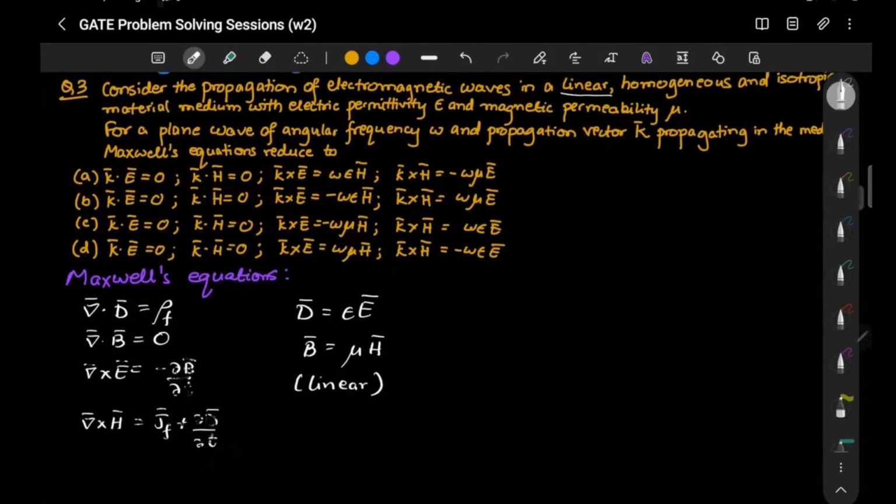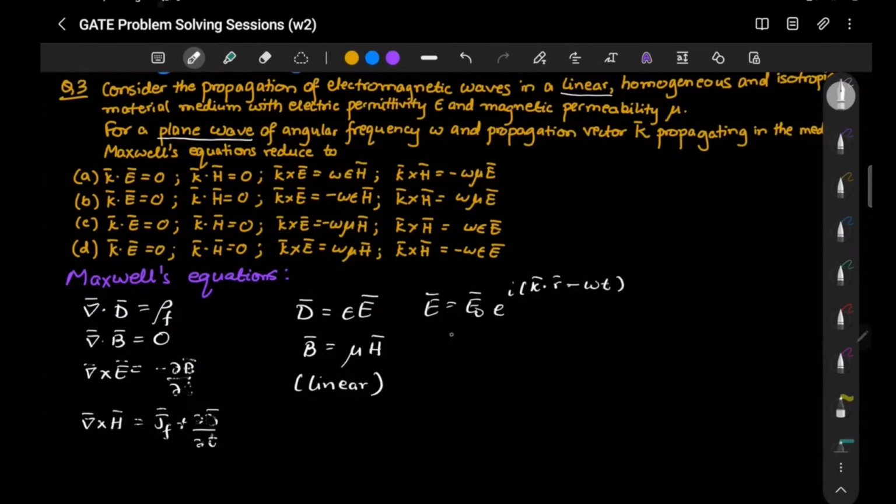So this is a linear medium, and since it is plane waves, we can write the electric field as some amplitude times e to the power i(k dot r minus omega t).